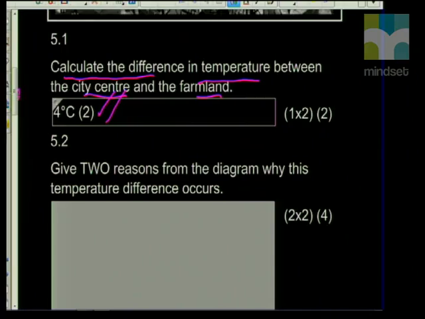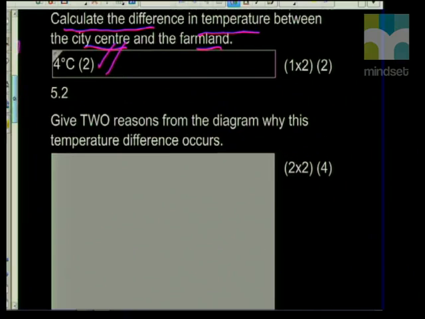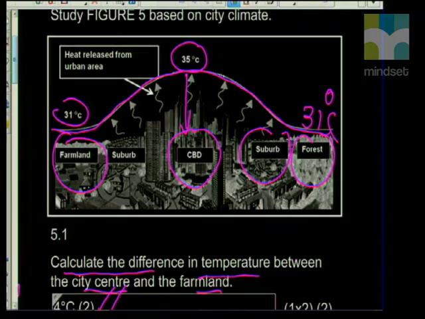Give 2 reasons from the diagram why this temperature difference occurs. Please note, you know tons of information. Please, learners, look at the diagram. We already see the buildings. So, number 1, multiple reflections.